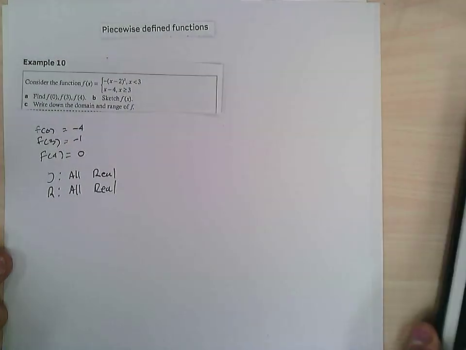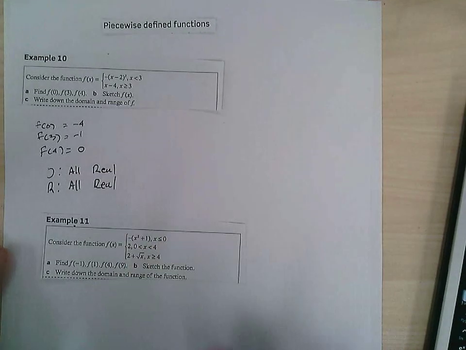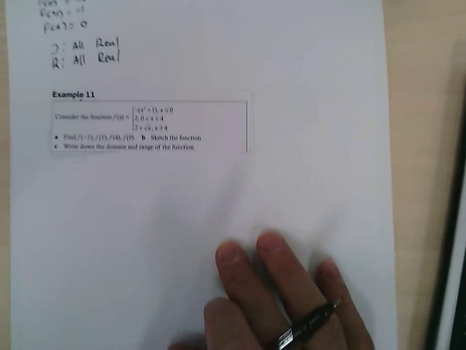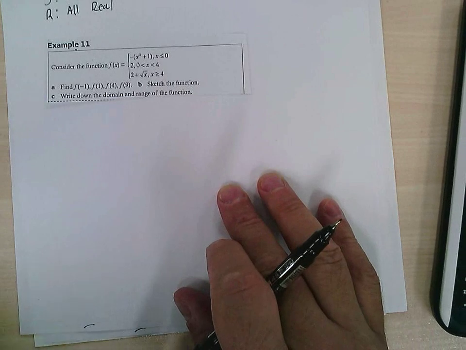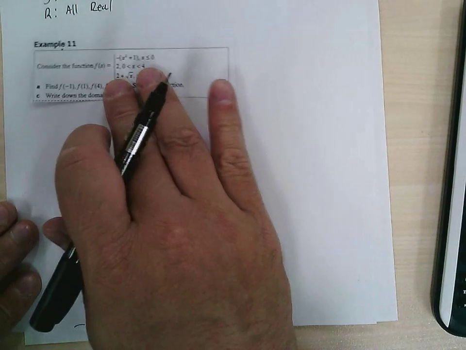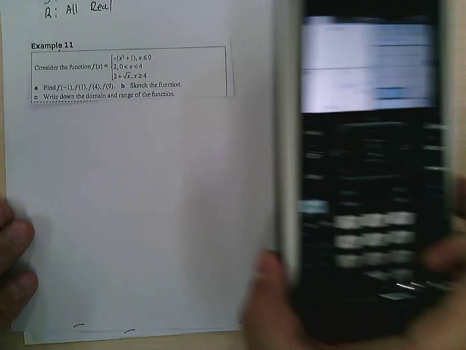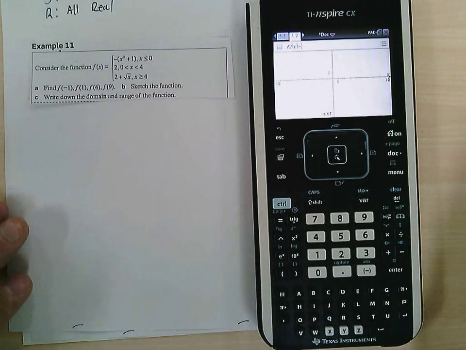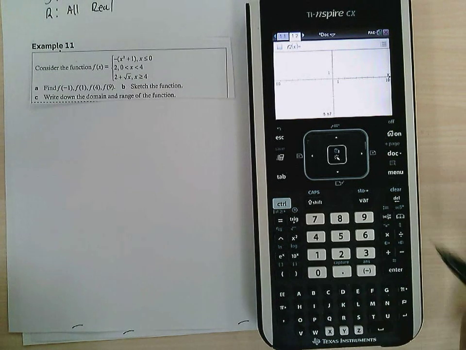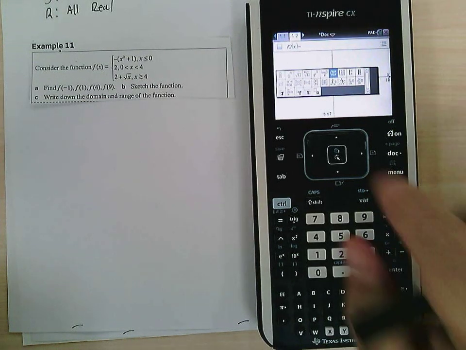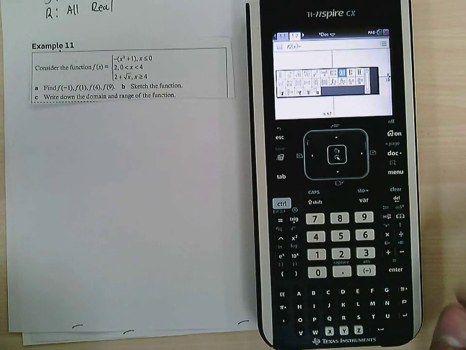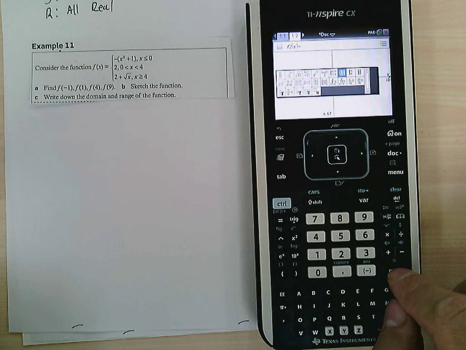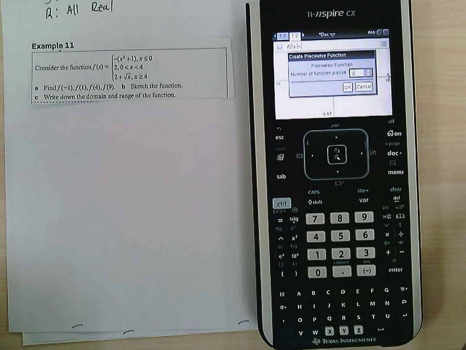There you go. Now let's look at another piecewise function. We'll look at this one right here, and we'll use the calculator again. This time it has 3 equations and 3 parameters. So I'm going to open up another graph and go to the same symbol. It's got a big window of different things, but this time I need three functions with three parameters.